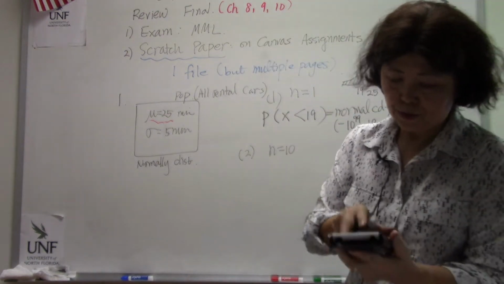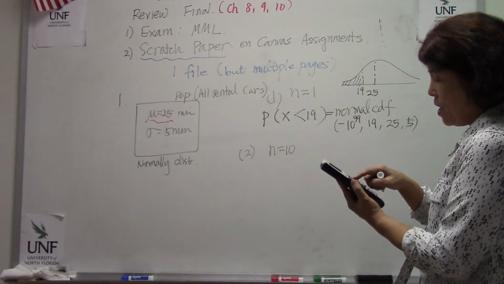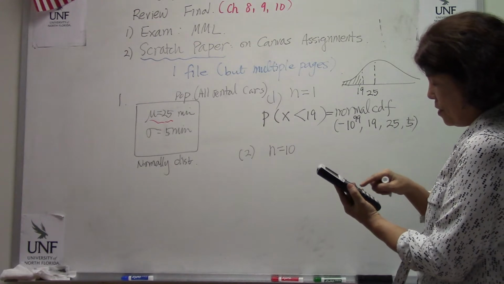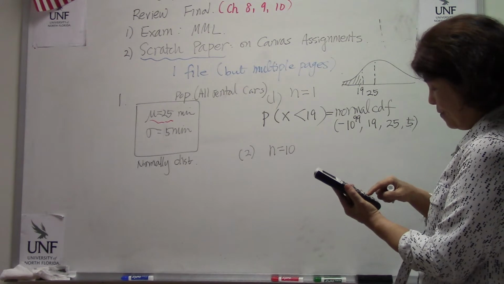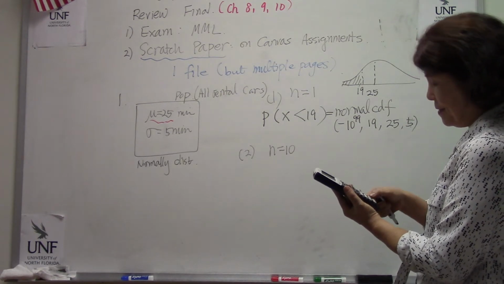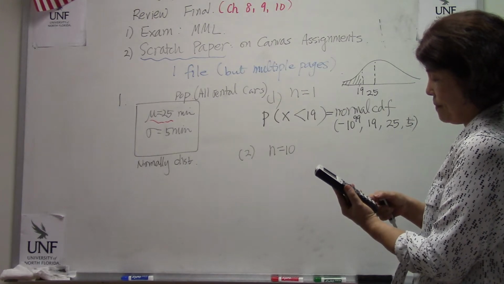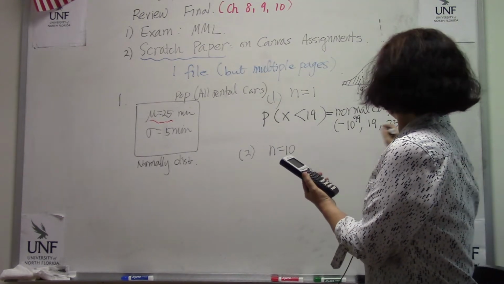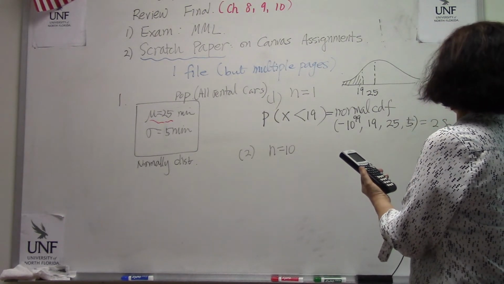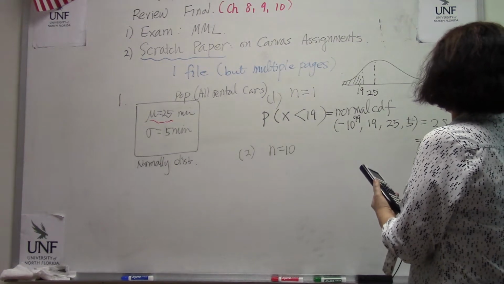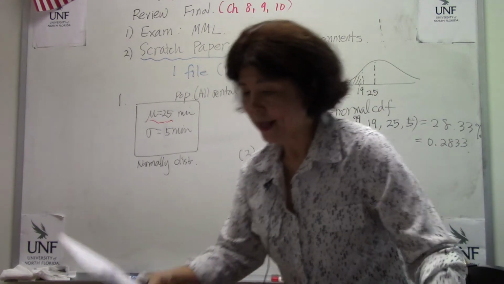So let's do normal CDF: second, distribution, normal CDF, lower is negative 10 to the 99, upper is 19, mu is 25, and sigma is 5. That is 28.33%, or 0.2833. That's the probability.